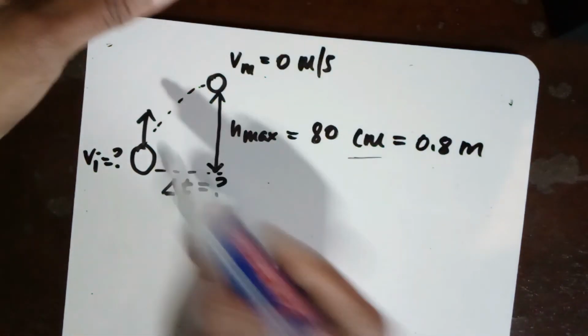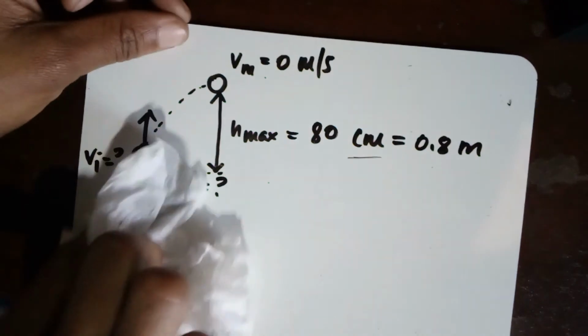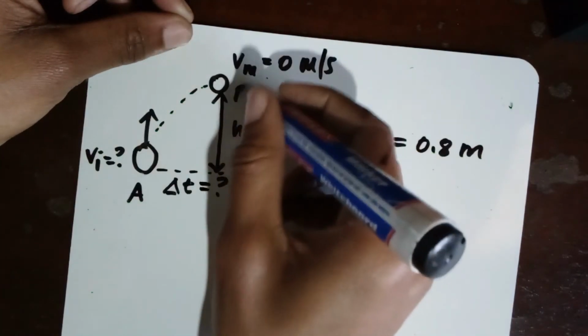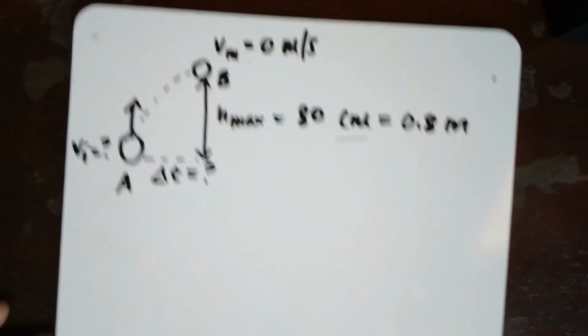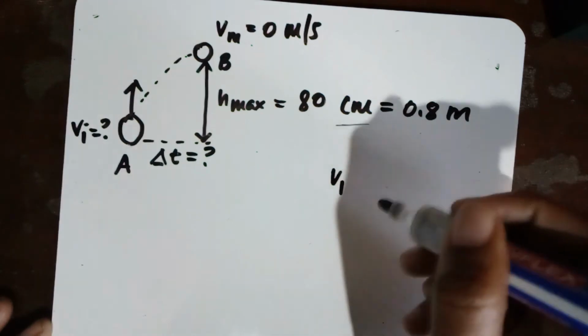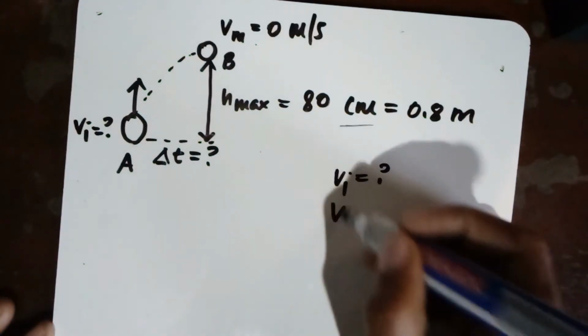So let's call this position A, or initial position, and position B, and then write down the information that we know. Do we know what Vi is? No, we don't know. That's what we're looking for. Do we know what Vf is?